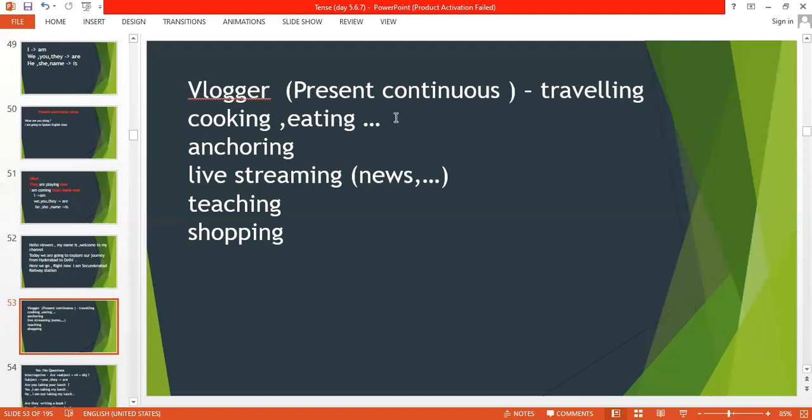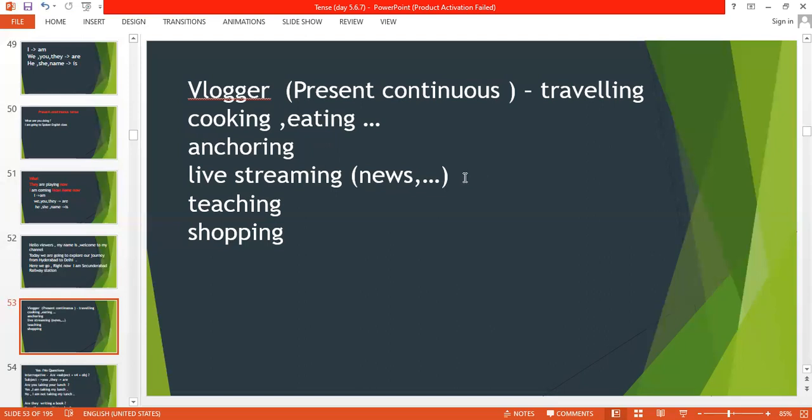Apart from that, even anchoring can be used, like as you can say, now we are going to call so and so person onto the stage, or the next program is going to be performed by, or in case of live streaming as well.